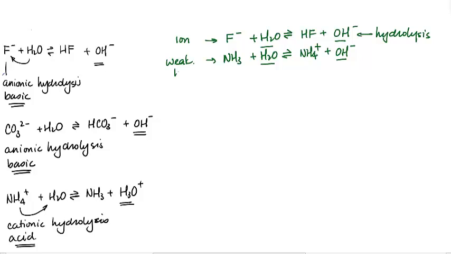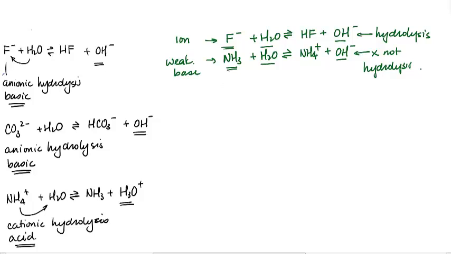In this case, although it forms a hydroxide ion, because it starts as a weak base, this is not hydrolysis. So the important distinction is that hydrolysis is the reaction of an ion with water, whereas a typical weak base reacting with water is not called hydrolysis.